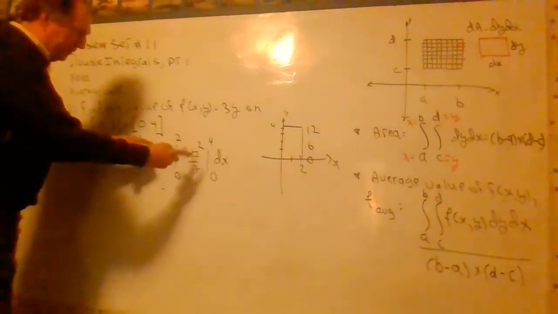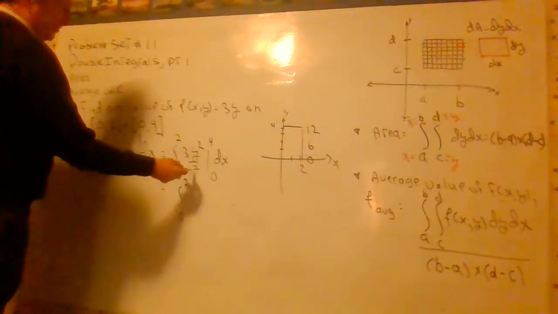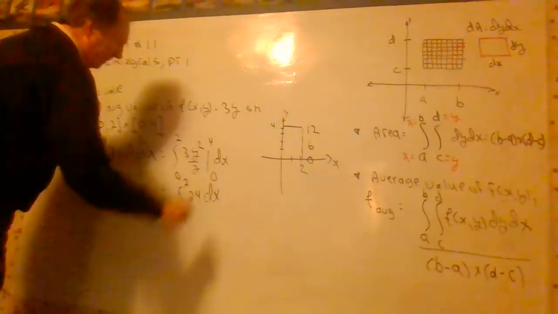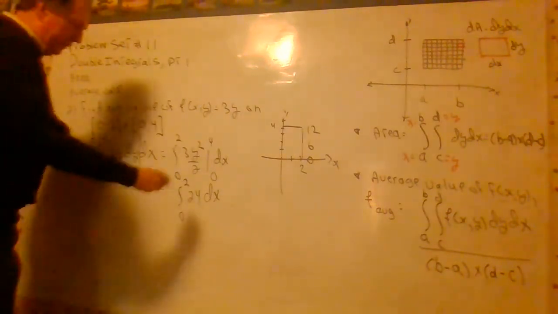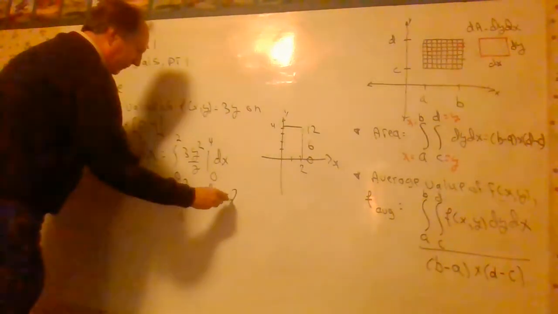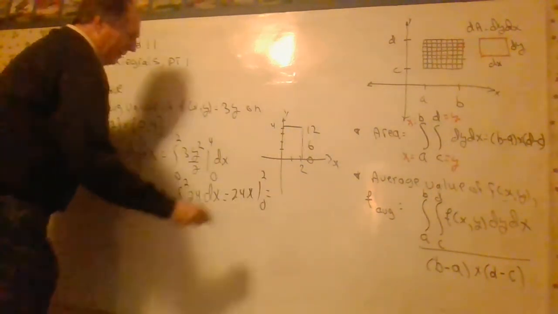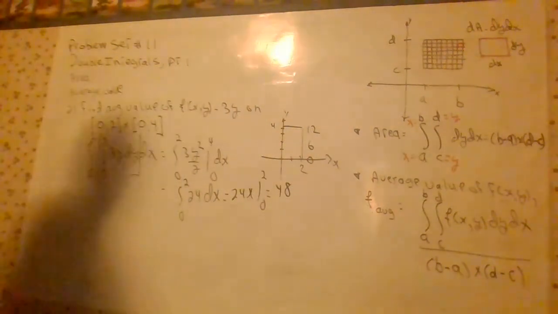And then we can plug in 4, plug in 0. You plug in 4, 16 over 2 is 8, times 3 is 24, dx. 24 minus 0, but that's 24x from 0 to 2. And that gives you 48.